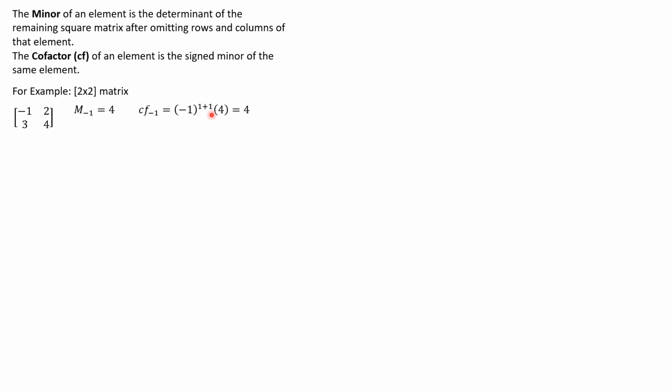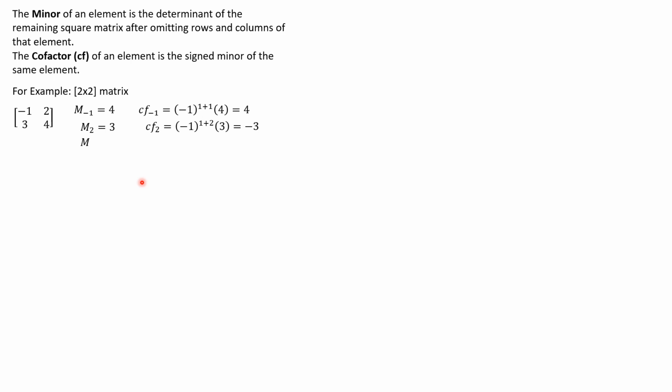So -1 raised to 2 is positive, and plus 1 times 4 is 4. The minor of 2 is 3, while the cofactor of 2 is -3 because the position of 2 has a negative sign, or it is in row 1, column 2. So -1 raised to 1 plus 2 is -1 times 3. So that's why it's -3.